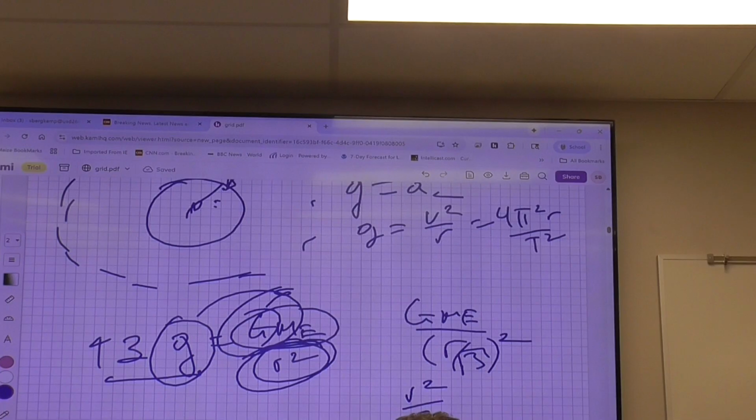Now, before I forget, I meant to say this earlier. There was this question on number 39 of the book. Problem 39: What's the gravitational force of the sun and the earth?